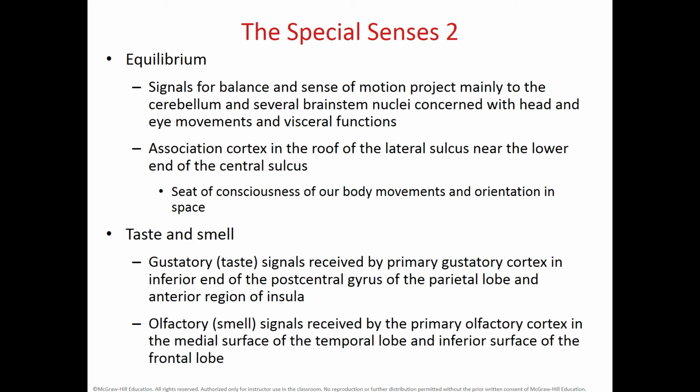The olfactory sense is processed by the primary olfactory cortex in the medial lobe, located within the deeper portion of the temporal lobe and inferior portion of the frontal lobe in the insula.